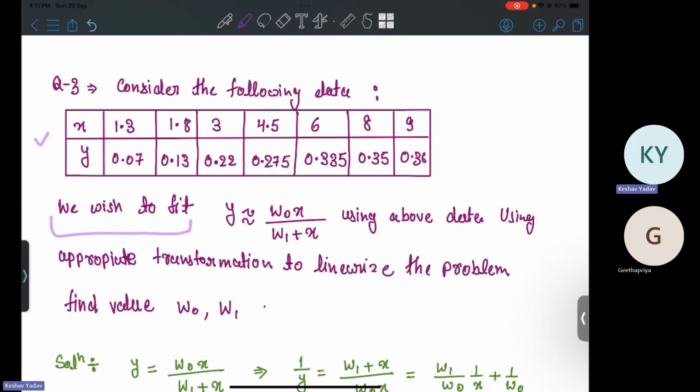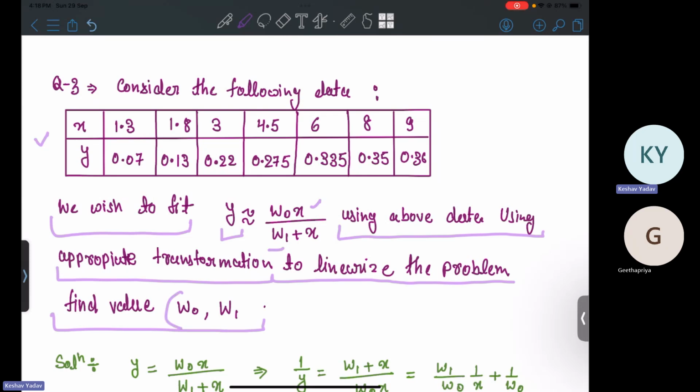We wish to fit y, which is closely equal to w naught x divided by w1 plus x, using the above data and an appropriate transformation to linearize the problem. We need to find out w naught and w1. For this data, using this relation, we need to use the transformation to go for linear regression and find out the values of w naught and w1.